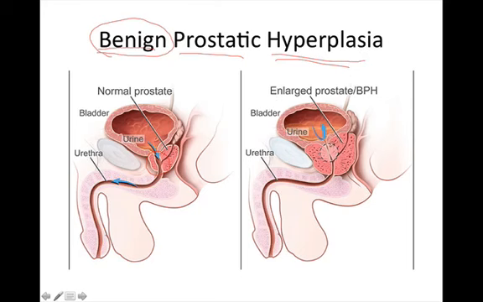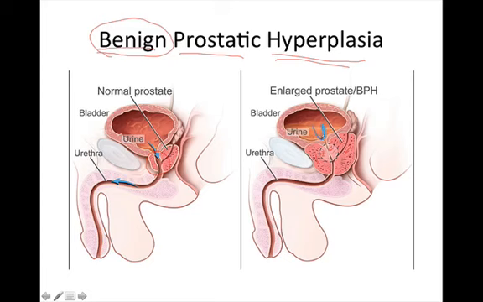Now, what happens here is when this prostate enlarges, well, you can see why males are going to have the particular signs and symptoms that they have. The prostate gland is going to cause a narrowing of the urethra. And that's why males in this situation are going to get very strong urges to urinate.